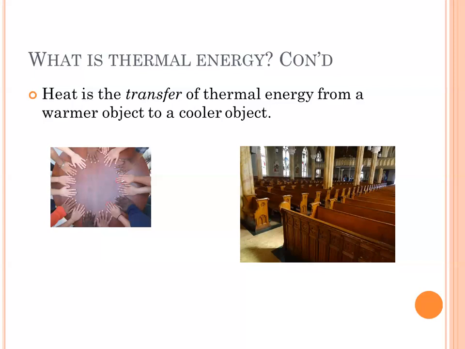Because part of where you're sitting feels cooler and part of it feels warmer. You transferred some of your heat to the pew. The warmer object will eventually cool down, and the cooler object will warm up until they are the same temperature. So the pew, the desk, was warming up, and you were also cooling down, until y'all become equal.